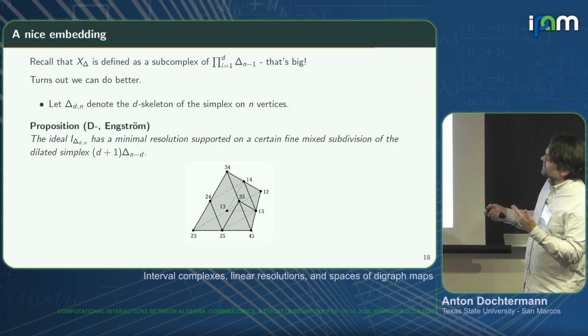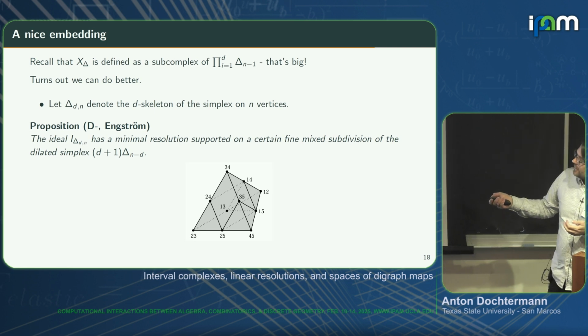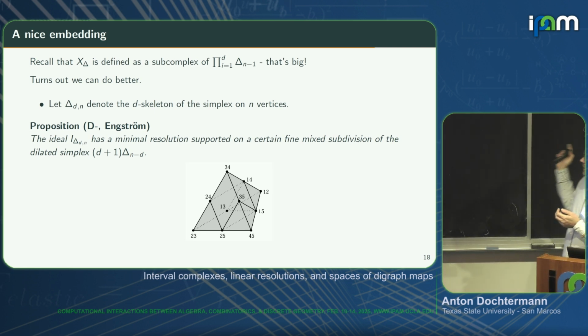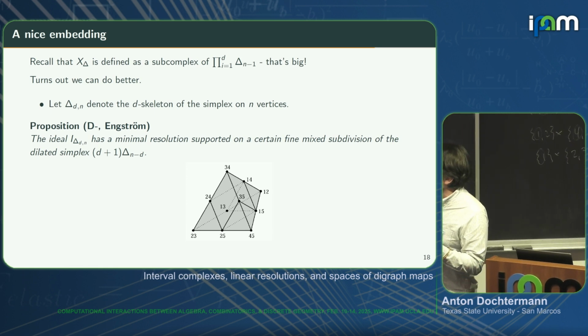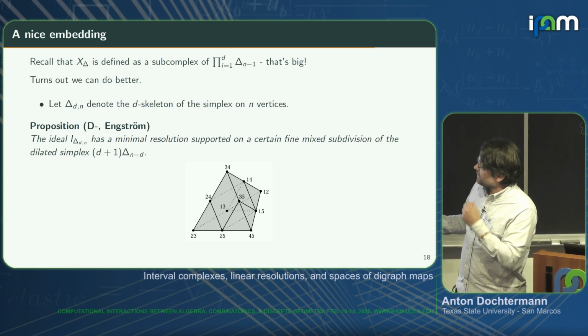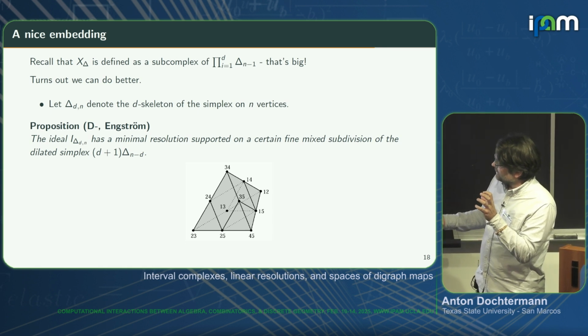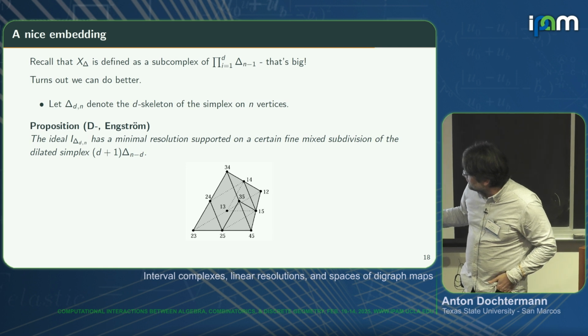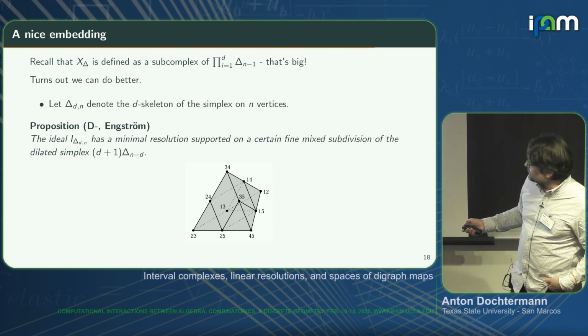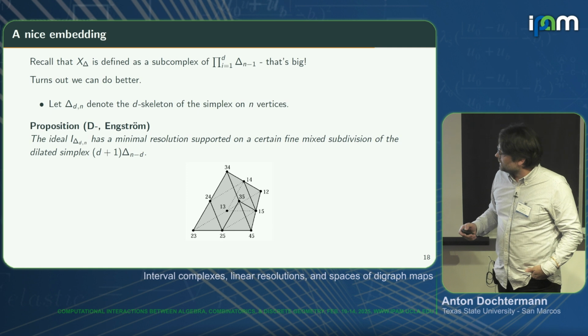And we showed that this resolution is the one that I constructed earlier. So for the complete graph, you're seeing the edges of the complete graph, this is actually supported on this subdivision of a twice dilated simplex where you've got some Toblerones there and some tetrahedra there.